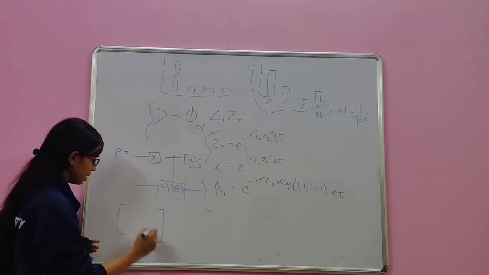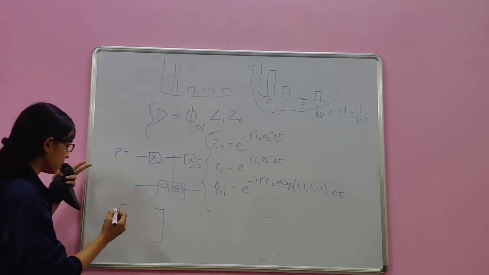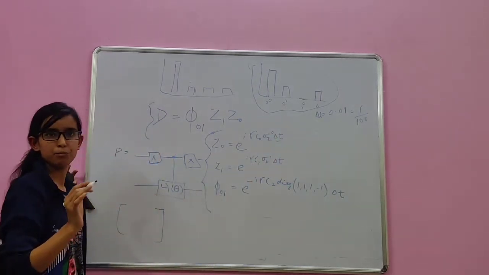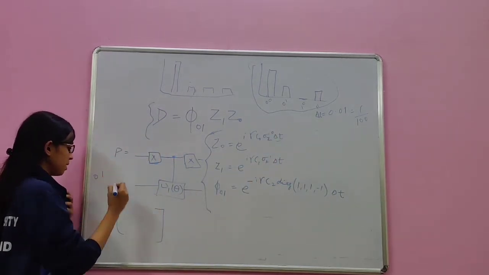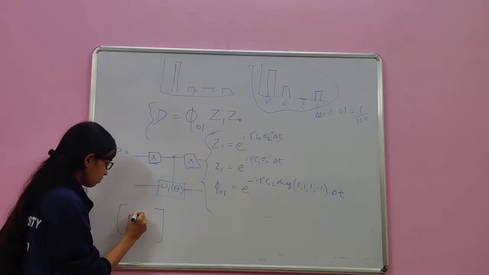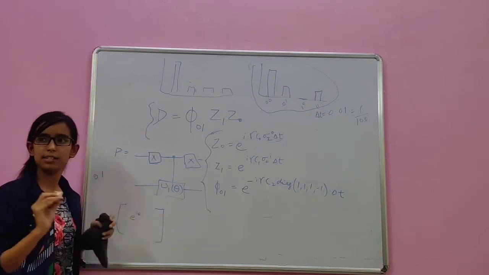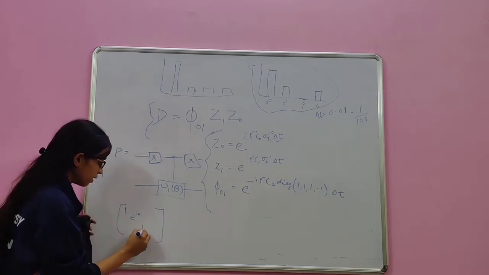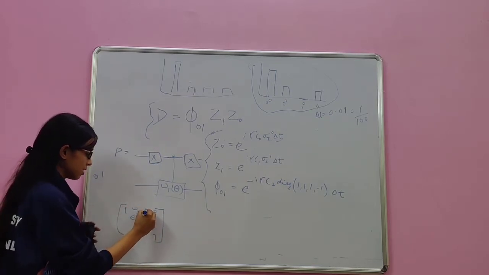Here for this potential energy, if we choose a particular state 01, we have a potential only at this state. The other terms should be 1.